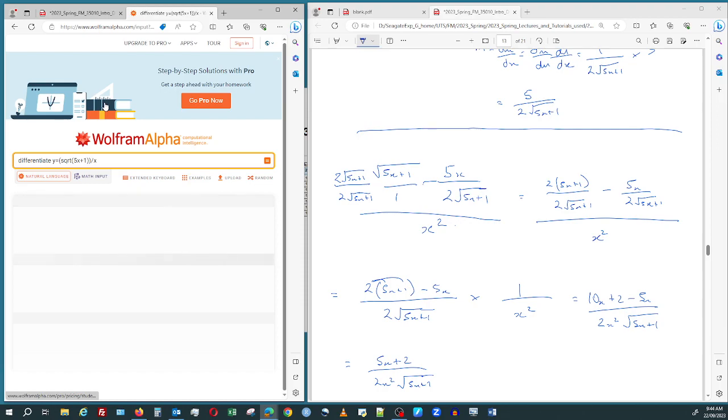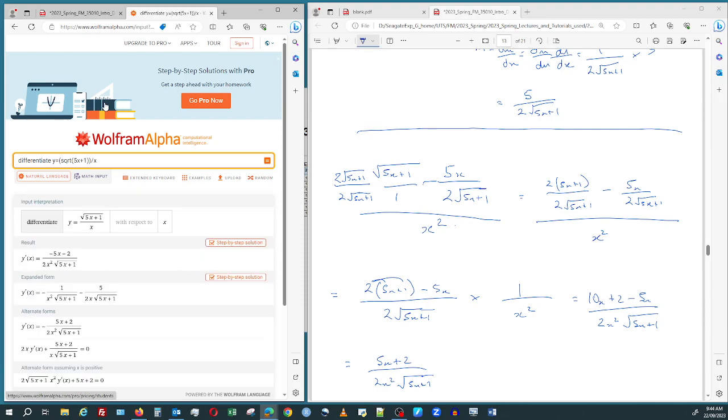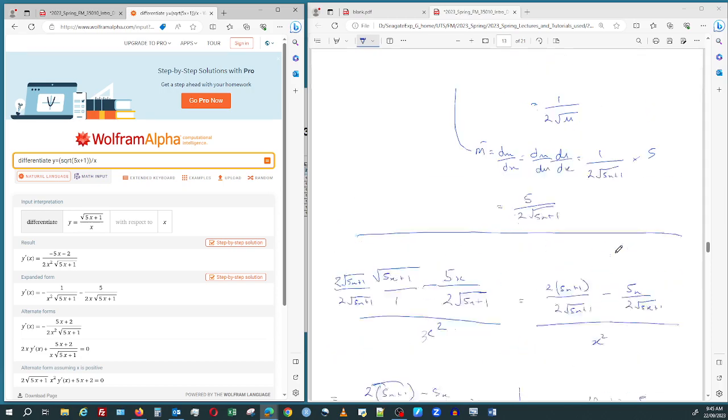Let's have a look and see what that looks like. So what have we got? Square root of 5x plus 1, so that's the one that we wanted, over x. Do that with our derivatives, so at either point we get looking very similar, don't we, in expanded form. So I'm pretty happy with the way that's going.